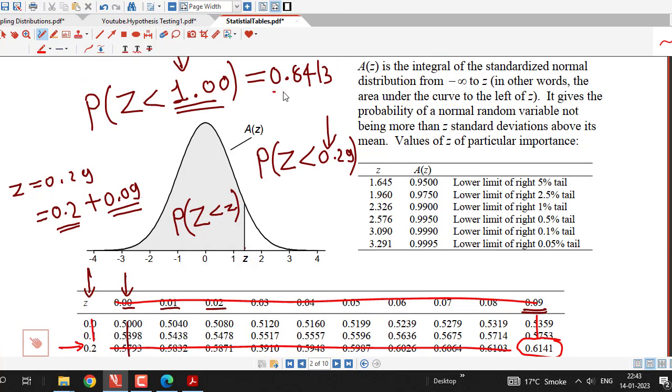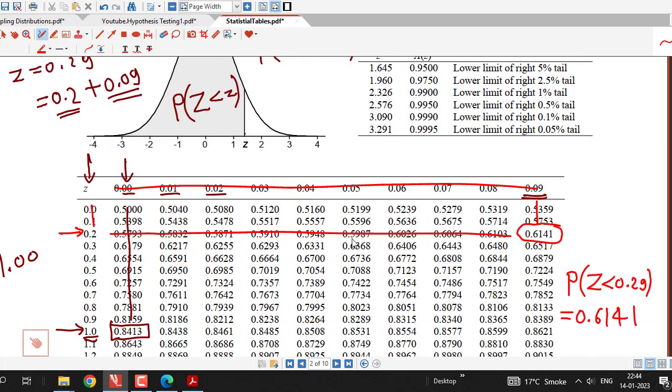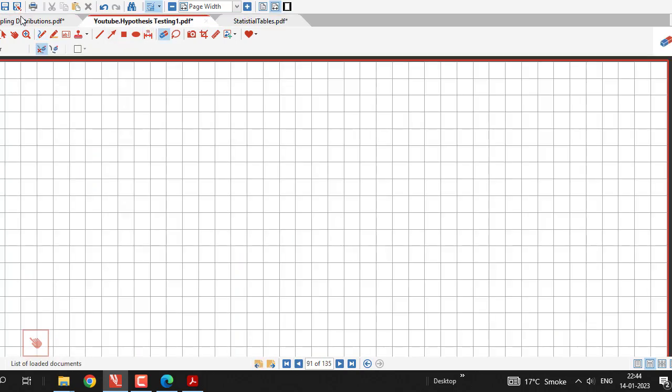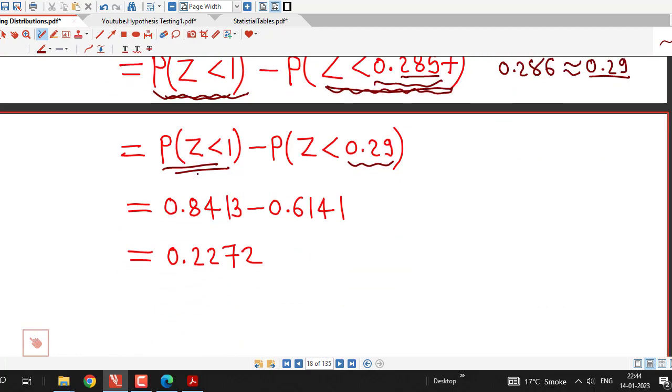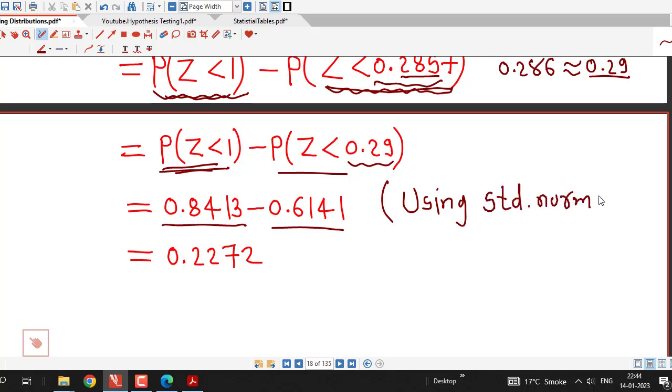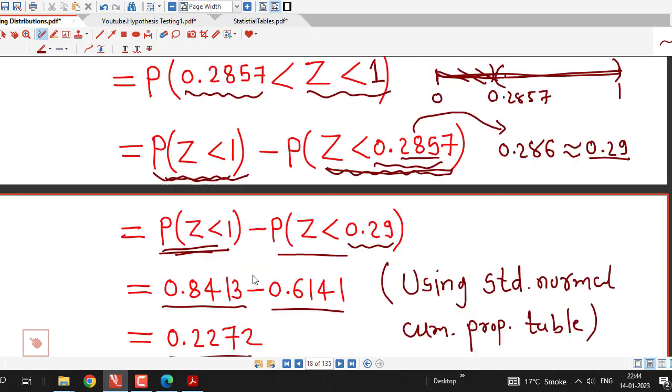So now we can substitute these two values. Probability that Z is less than 1 is 0.8413, and probability that Z is less than 0.29 is 0.6141. So that I have substituted here. Here we have to write using standard normal cumulative probability table, and the difference is 0.2272.